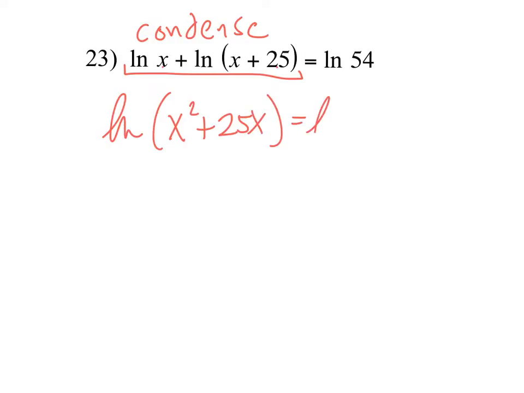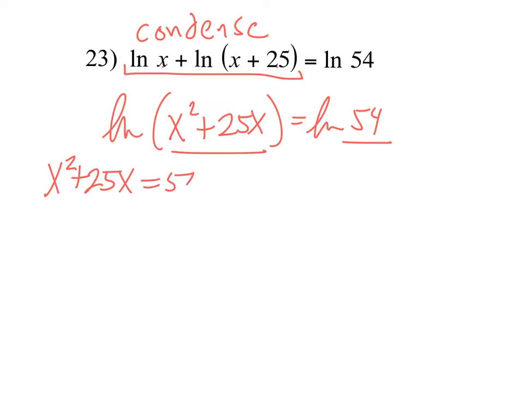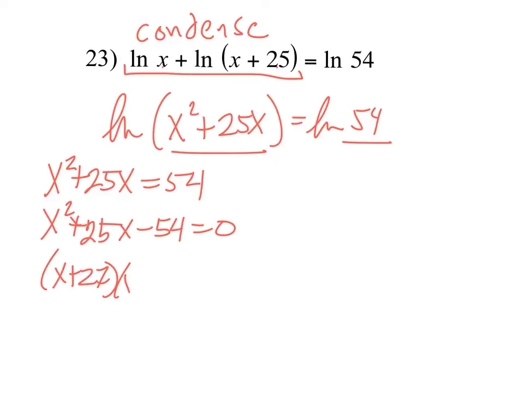And that's going to be equal to the natural log of 54. Now I'm going to use my one-to-one part. X squared plus 25x is equal to 54. I'm going to bring 54 to the other side. We get x squared plus 25x minus 54 is equal to 0. That factors into x plus 27 and x minus 2.